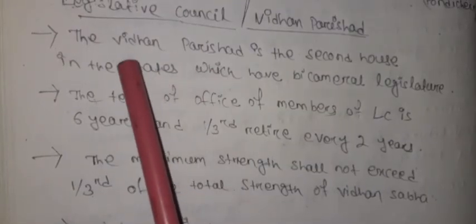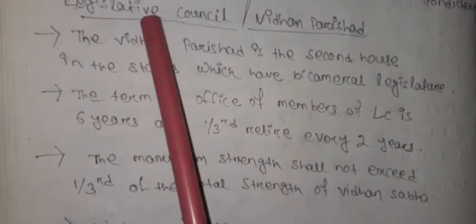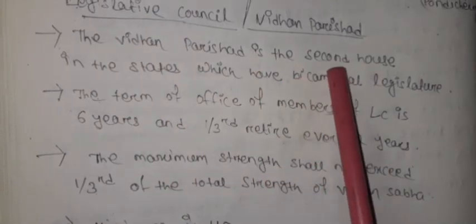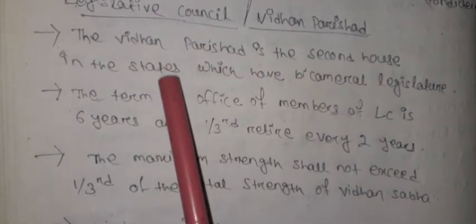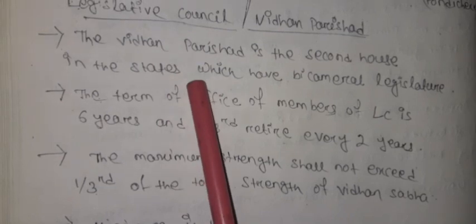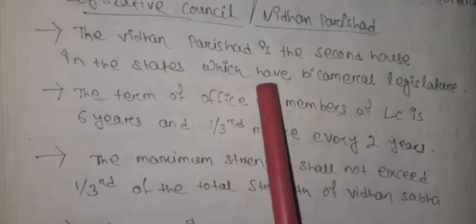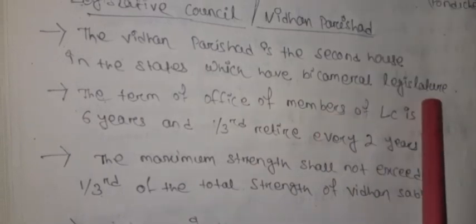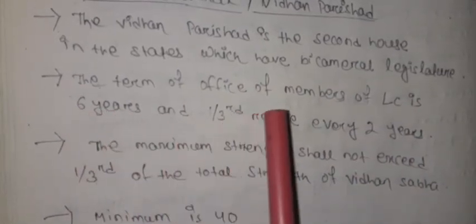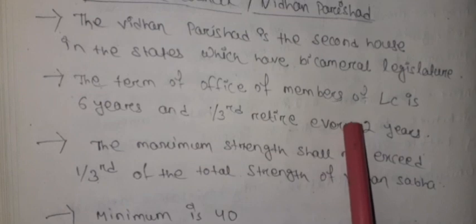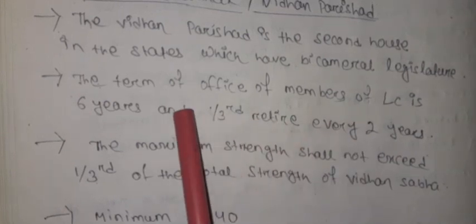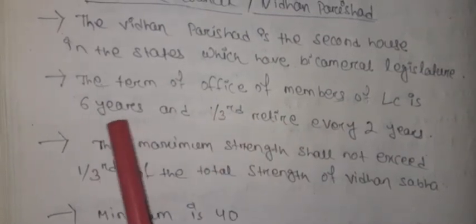Then see the legislative council. The legislative council is also called the second house in the state and also called the upper house, and it exists in a bicameral legislature. Each state which has a bicameral legislature has it. Then see the term of office of members of the LC.